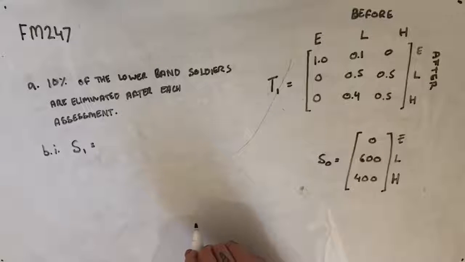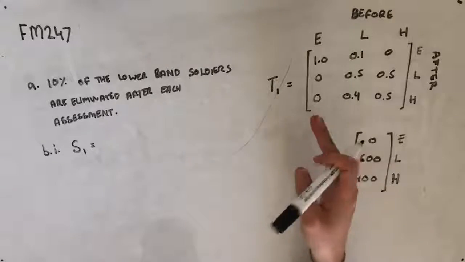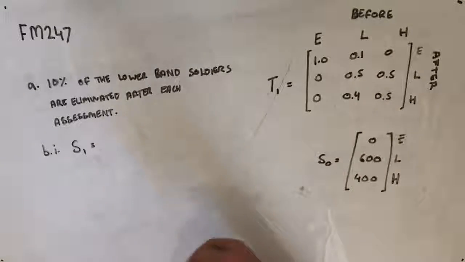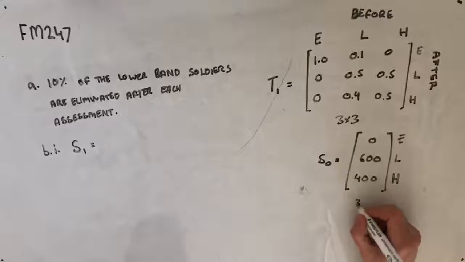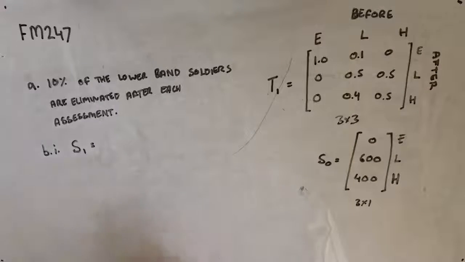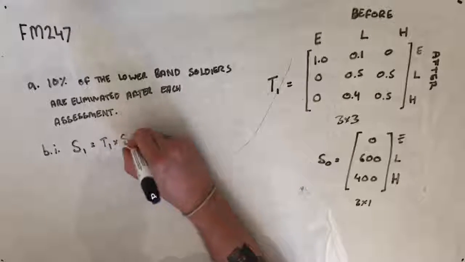And that is going to be, of course, we can't take the state matrix and multiply that by the transition matrix. We have to do it the other way around, because this is a 3 by 3 matrix and this is a 3 by 1 matrix. Our product must be T1 times S0.